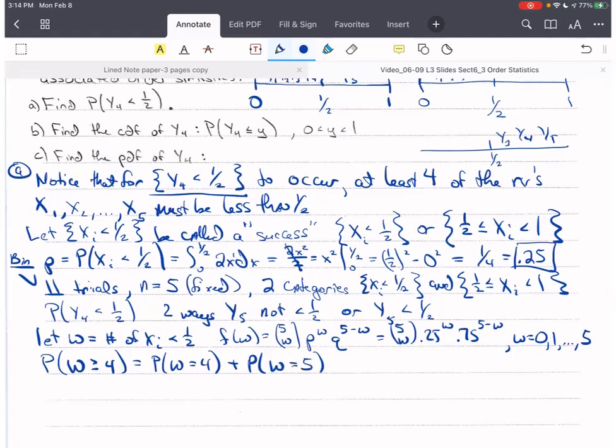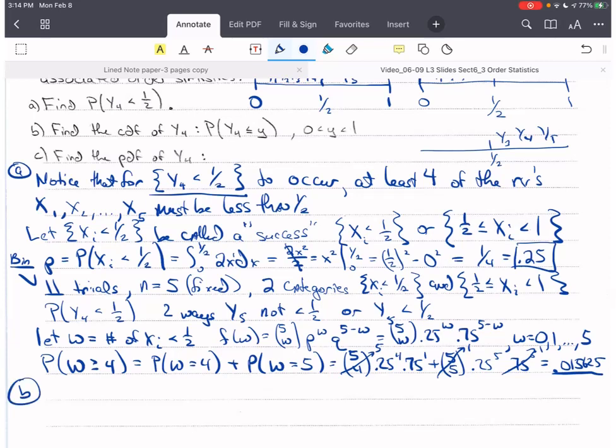And then I can just plug in, and I have 5 choose 4, 0.25 to the 4, 0.75 to the 1, plus 5 choose 5, which is 1, by the way, 0.25 to the 5, and then 0.75 to the 0, that's 1 as well, and this equals 0.015625. Here's our probability to part A.